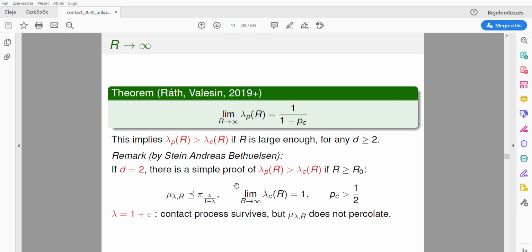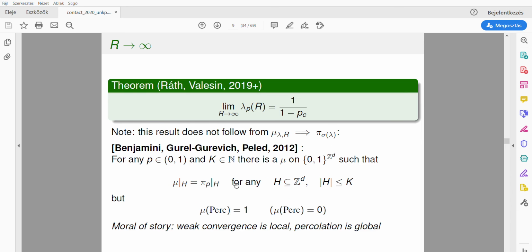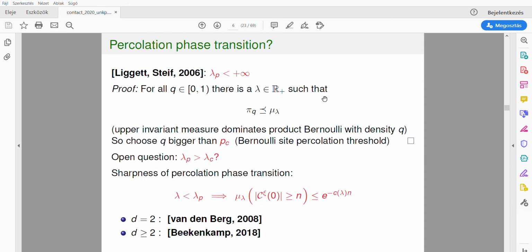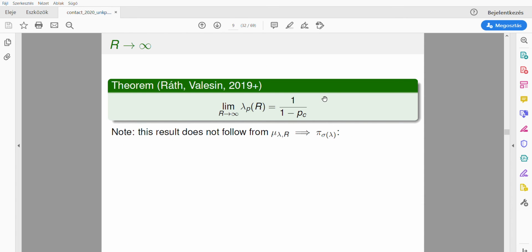So remember, the result of Liggett and Steiff was that the upper invariant measure dominates a Bernoulli measure, and that's a non-trivial result.